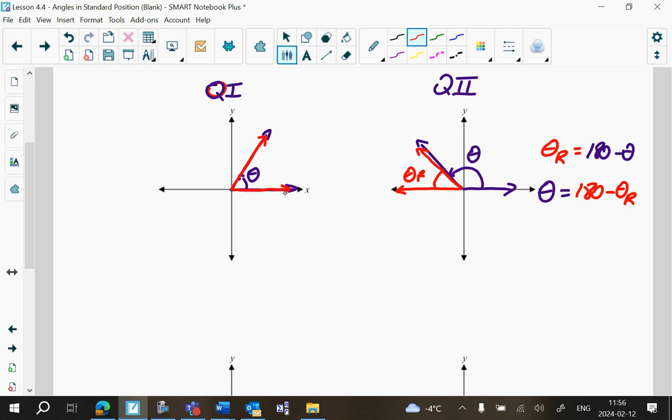So that means that the reference angle and the actual angle will always be the same. So if I said the actual angle was 55, the reference angle is 55. If the reference angle is 40, the actual angle is 40. So in this one, the reference angle will always equal the actual angle that we're dealing with. And the actual angle will always equal the reference angle.